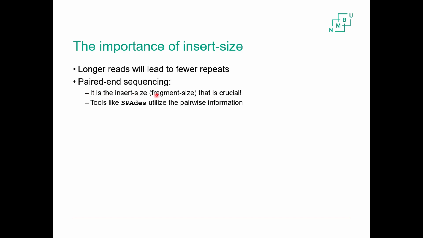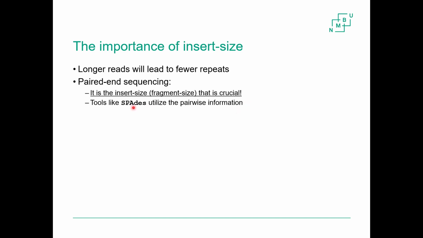So the insert size or the fragment size is crucial here, because we know that even if the 2 reads are short, they must come from the same part of the genome, right? And they are separated by some bases. We don't know exactly how many, but this piece of information is quite important to make use of when you try to piece this together.